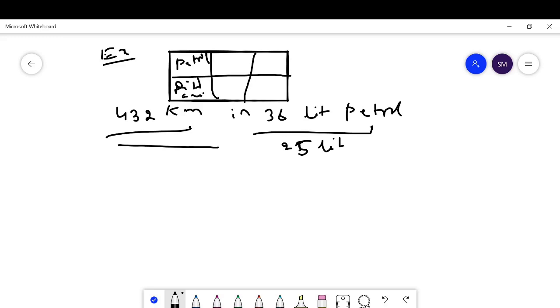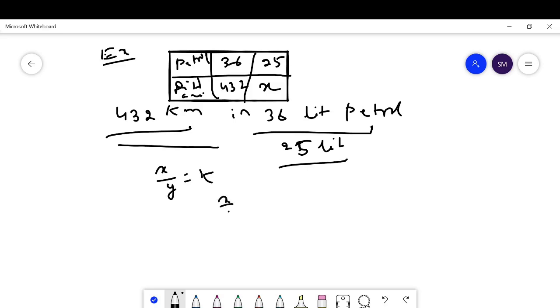Here when the petrol is 36 liters, the distance is 432 kilometers. And here the petrol is 25 liters. We don't know how much distance is covered by the car in 25 liters of petrol. By using the formula of direct variation, we find this. In case of direct variation, x upon y is a constant.